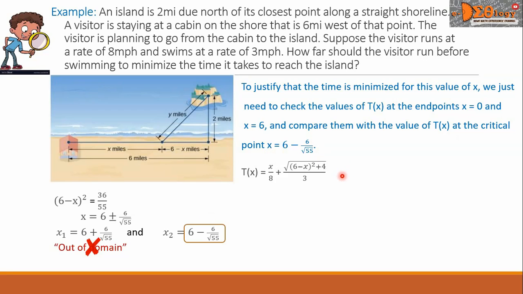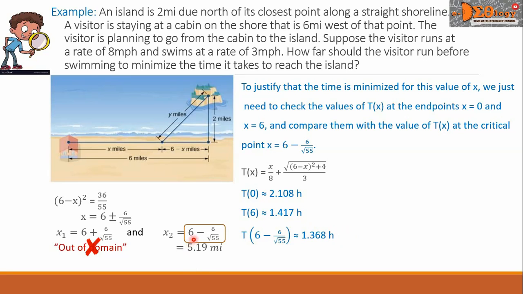We write again this function. So we start with T of 0 and we will get 2.108 hours. For T of 6, we will get 1.417 hours. While for T of 6 minus 6 over the square root of 55, this will give us 1.368 hours. So we get the smallest time here.